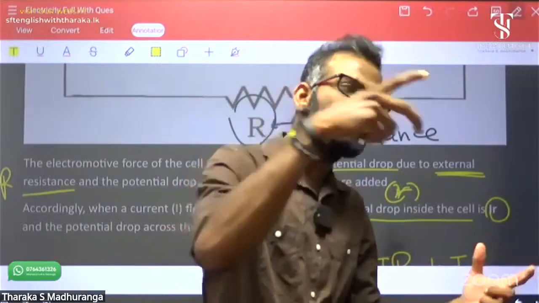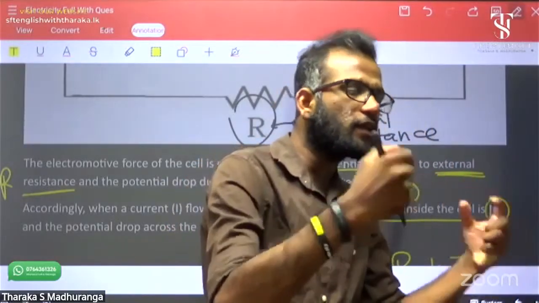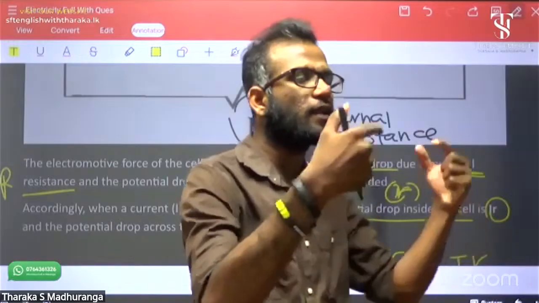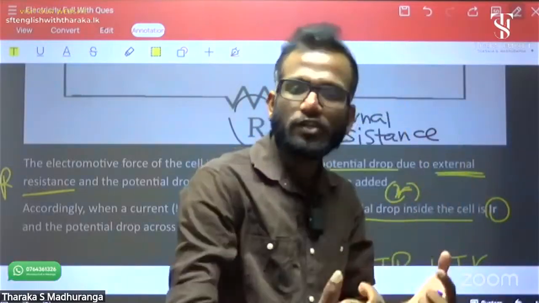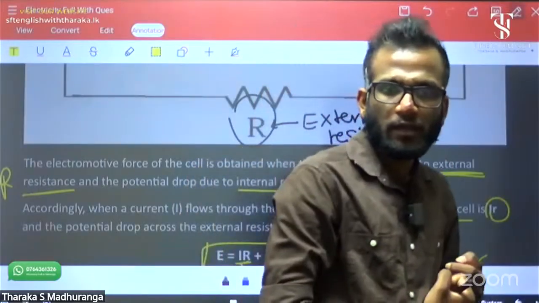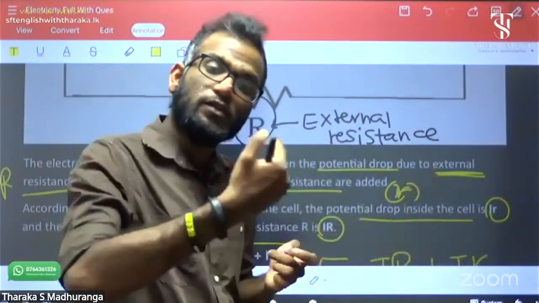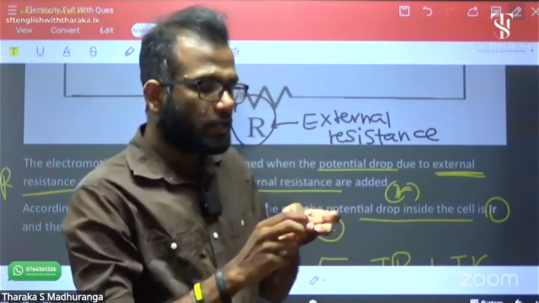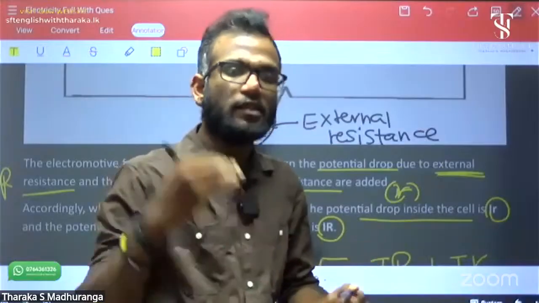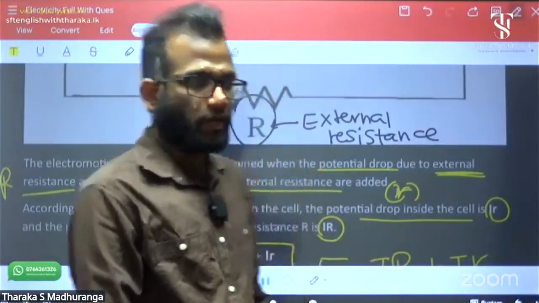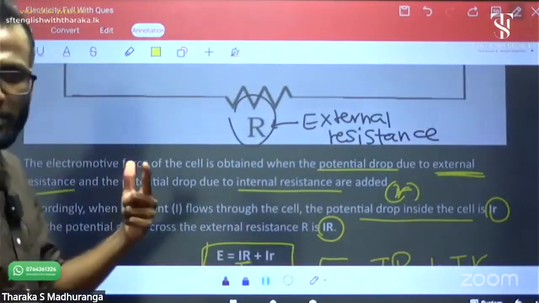When I connect it to a circuit, due to the internal and external resistance, capital R and simple r, a potential drop comes. Due to that, when connected to a circuit, the potential difference is always less than the electromotive force. Okay, that's the story. That's all you need to remember.